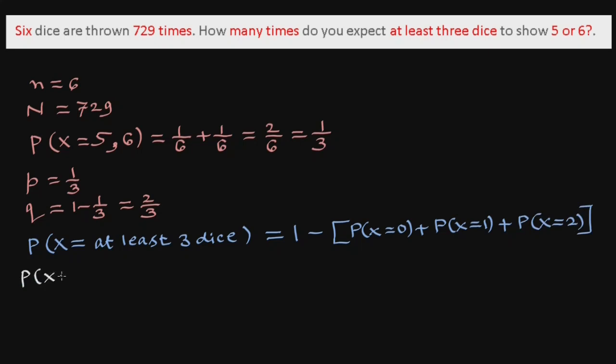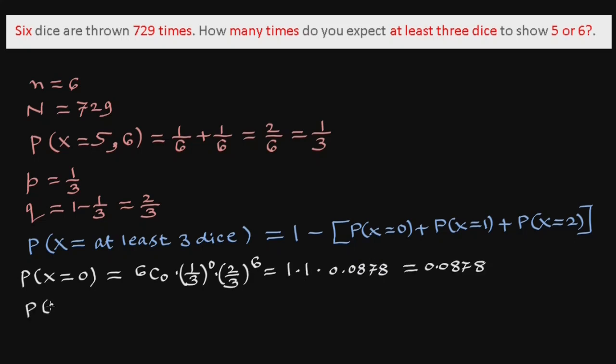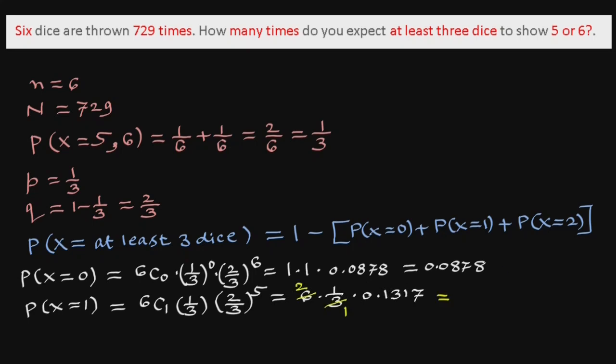Probability when x is 0 is 6c0, (1/3) raised to 0, (2/3) raised to 6, 1 into 1 into 0.0878. Probability when x is 1 is 6c1 into 1 upon 3 into (2 upon 3) raised to 5, 6 into 1 upon 3 into 0.1317, which is 0.2634.